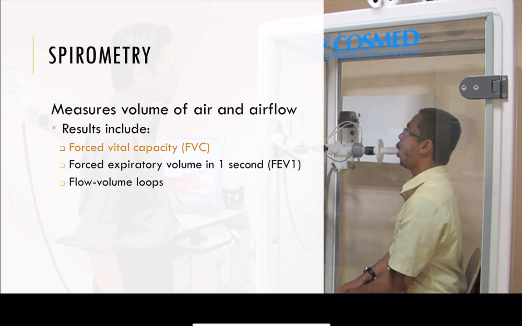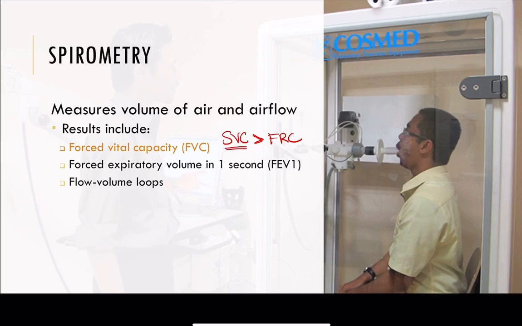In a healthy person, their FVC should be equal to their SVC, or slow vital capacity. Those two should be the same. It's just a difference of time and flow rate. But in obstructive diseases where it's hard to get air out, you will typically see slow vital capacities which have larger volumes than forced vital capacities, because the obstructive disorders typically slow the rate of exhalation.